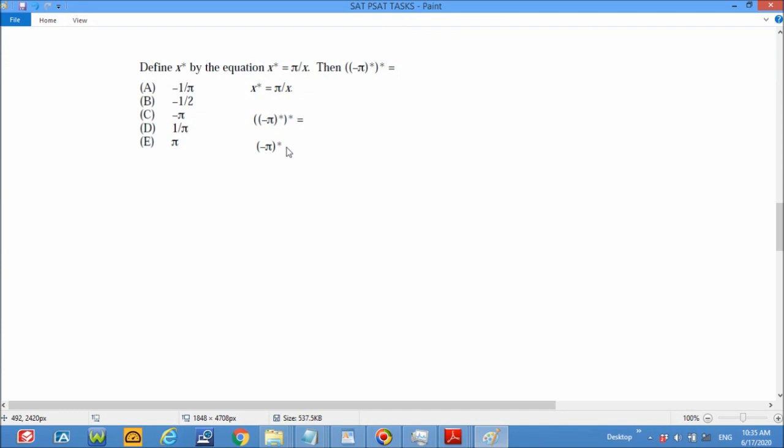According to what we have been given, each time that we perform the function, we should divide p on the argument. So here the argument is minus p, so we divide p on minus p.